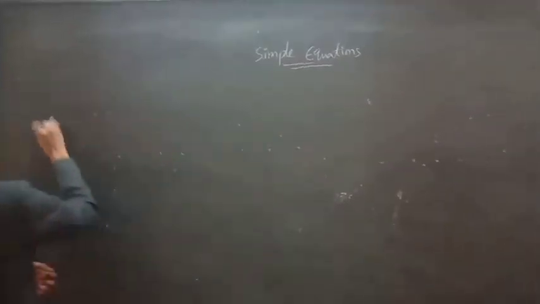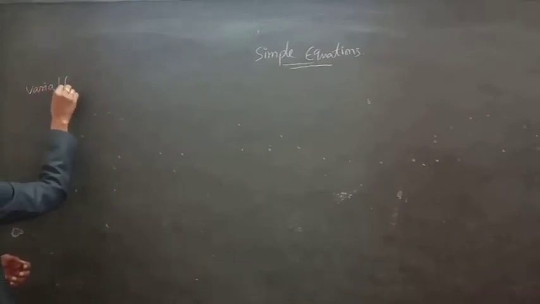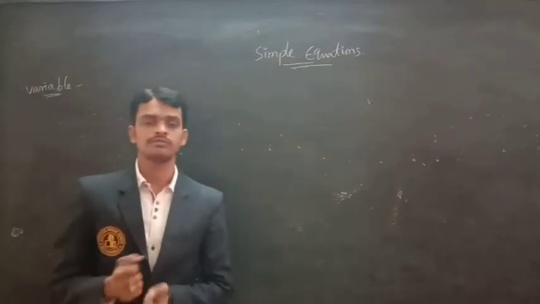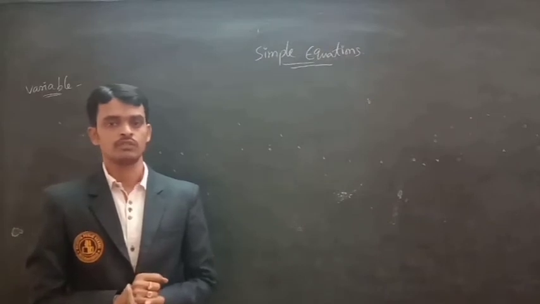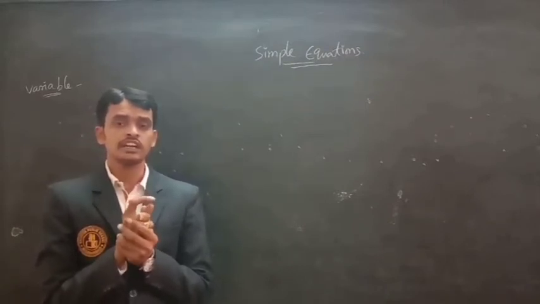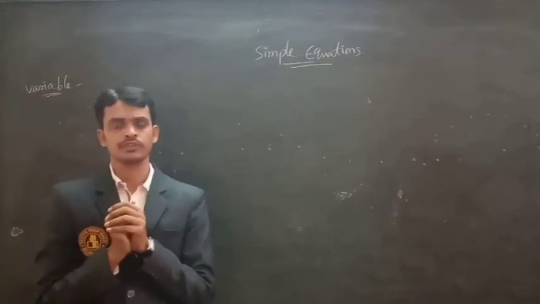First we learn about, I am recalling the terms. Variable: a variable is nothing but an unknown value. It takes different values. Its value is not fixed.